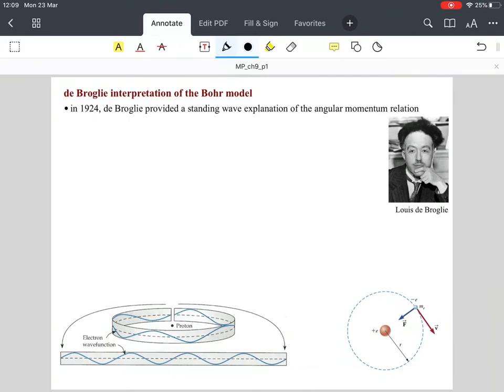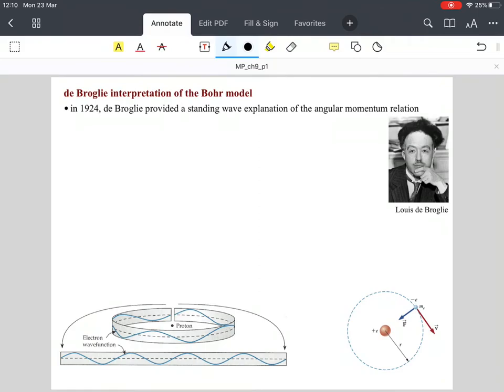Okay, so I said that we'll try to understand where this angular momentum comes from. If we're looking at the wave-particle duality and the de Broglie wavelength, de Broglie himself came up with a way to try to describe why we had this angular momentum, L is equal to n times h bar.